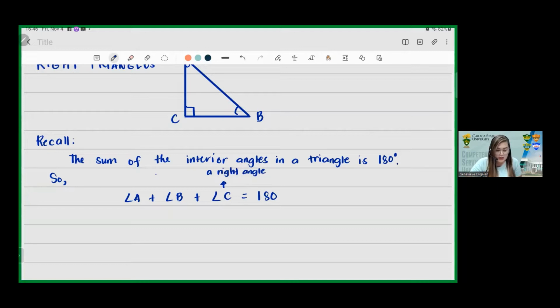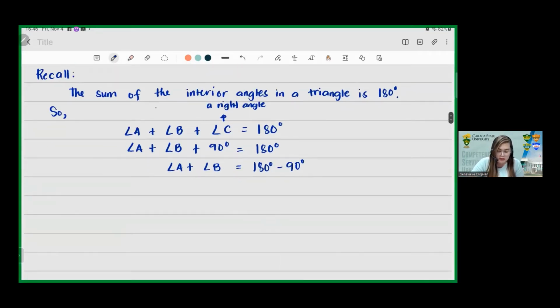So angle A plus angle B plus 90 is equal to 180. Using the addition property of equality, angle A plus angle B is equal to 180 minus 90. So angle A plus angle B is equal to 90 degrees.